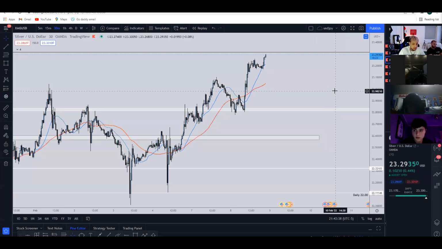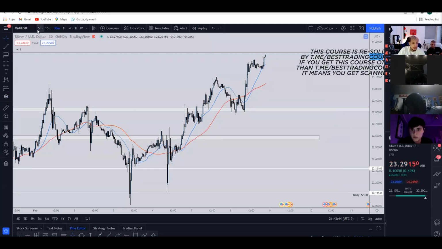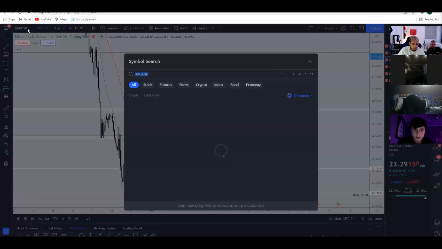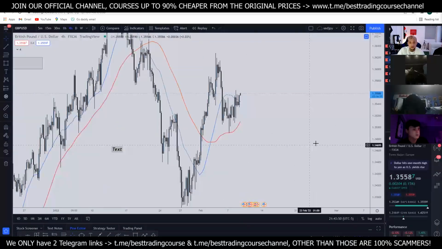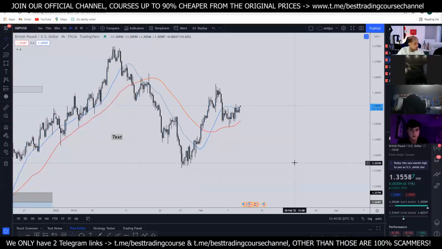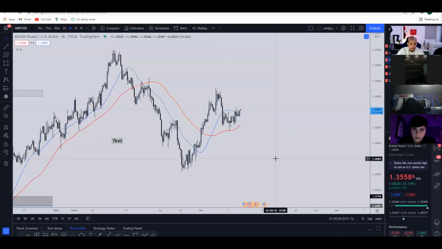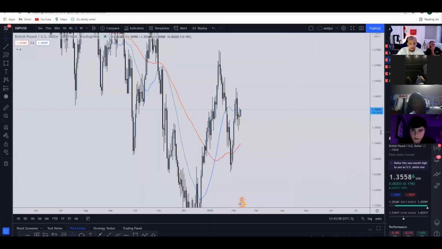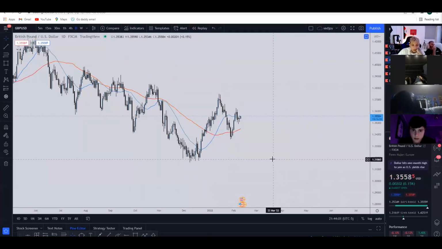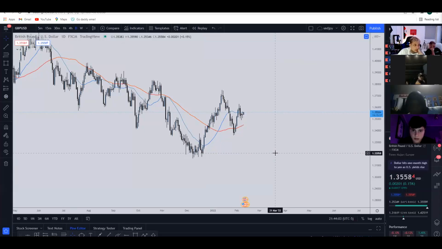Can you go to the GGU chart, please, to ask you something about structure? Most of my mistakes I make are with structure. If you go to the daily time frame, I see that the price is potentially forming a new higher low.